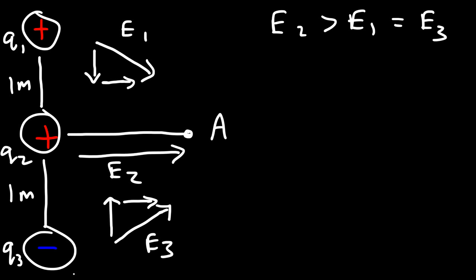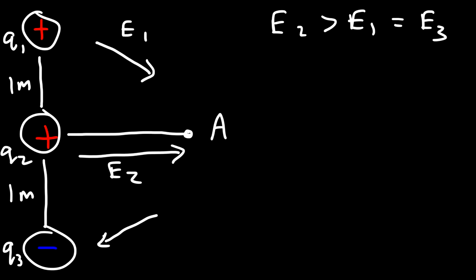Actually, I need to correct this. E3 should be going towards the negative charge. I had it pointing towards A, but the electric field created by a negative charge should always point towards the negative charge. So E1 still has a y component going in a negative y direction and a positive x component.